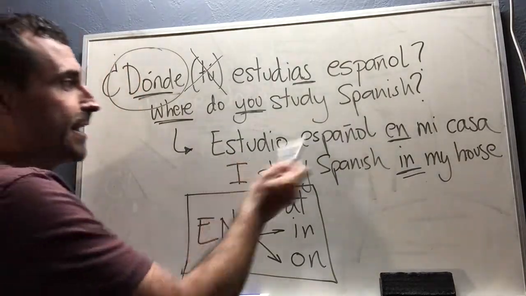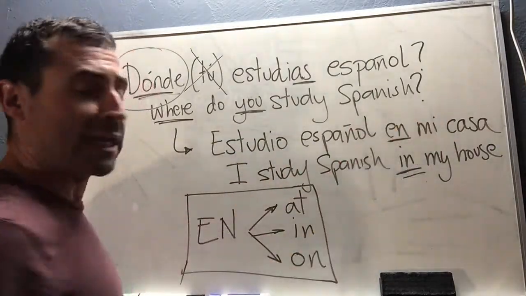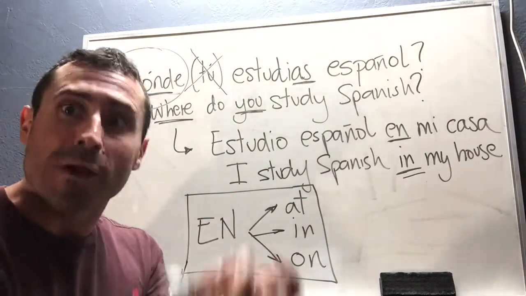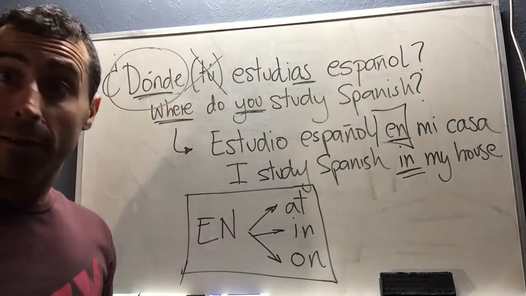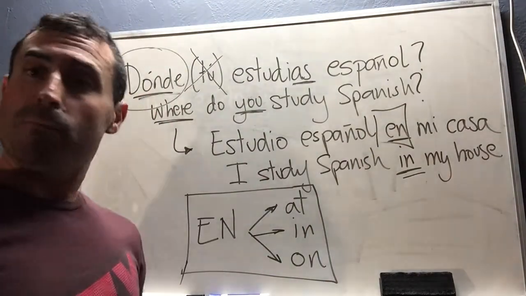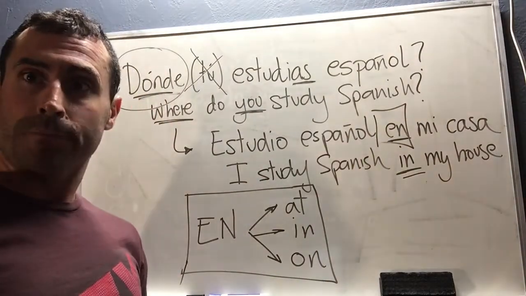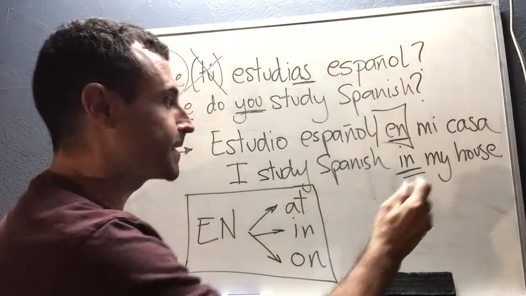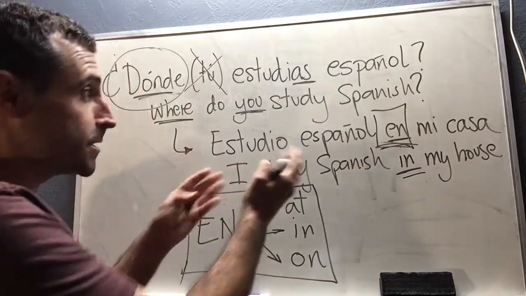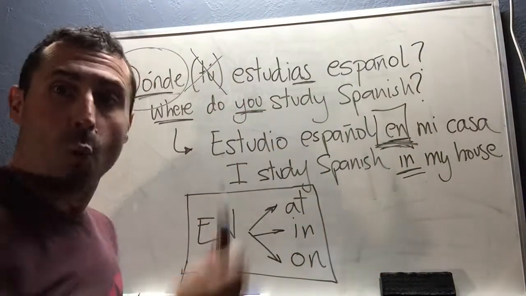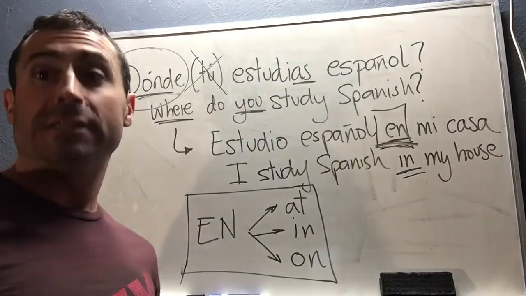Second, the answer would be: estudio español en mi casa. Okay, now it's the perfect timing to start explaining to the students the prepositions, for example, and conjunctions. We don't teach these things singly to the students. We teach these things right now while they are making and building sentences.